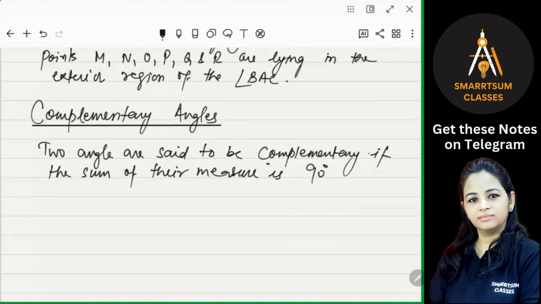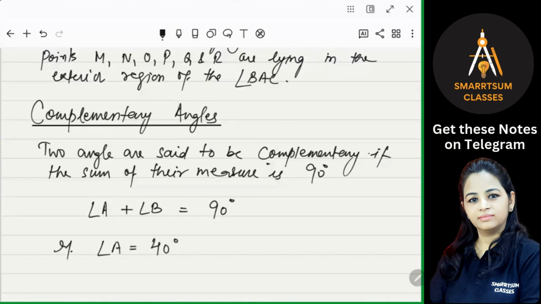And then we say that these two complementary angles are complement of each other. Getting it? Right? So each angle is said to be complement of the other one. So suppose you have two angles, angle A and angle B, such that their sum is 90 degree, then we say that angle A is complementary to angle B and angle B is complementary to angle A. Are you getting that? So suppose angle A is 40 degree, right?